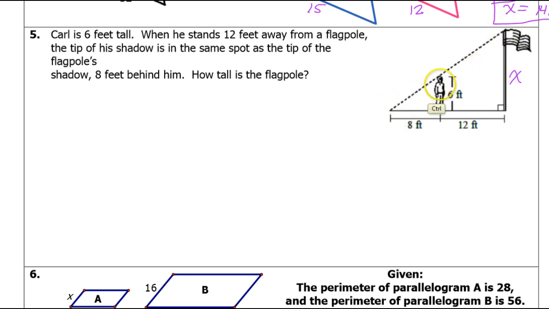When you have overlapping triangles like this, really the best thing to do is to draw the triangles separately. So I'm going to make one triangle out of Carl's tiny body and his shadow. Okay, so I have this triangle.